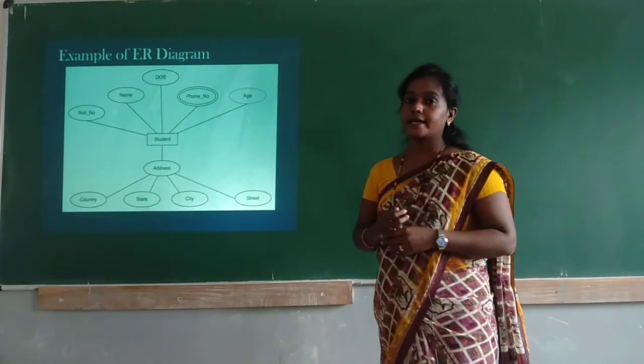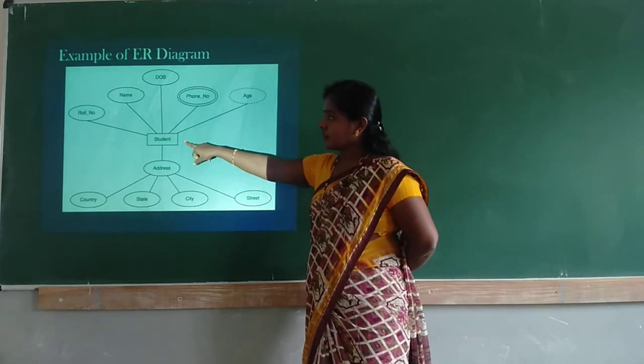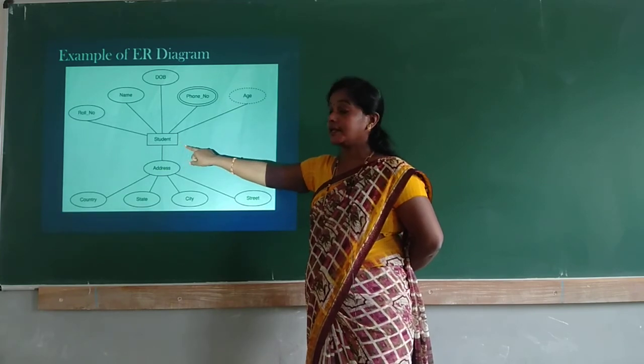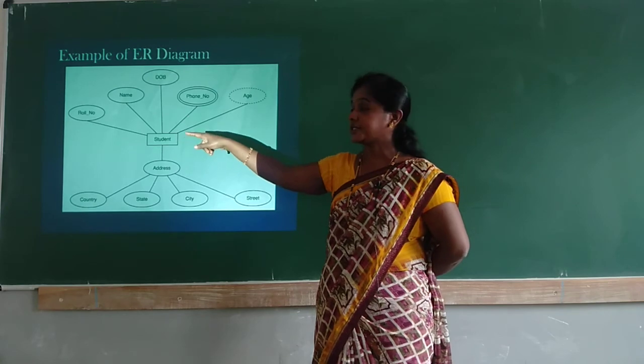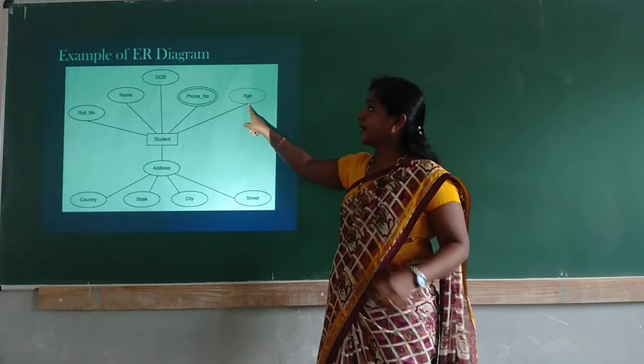So this is an example for an ER diagram. Here this is a relation. A student is a table or a relation, and we have attributes which are represented by oval shape. So roll number, name, date of birth, phone number and age.